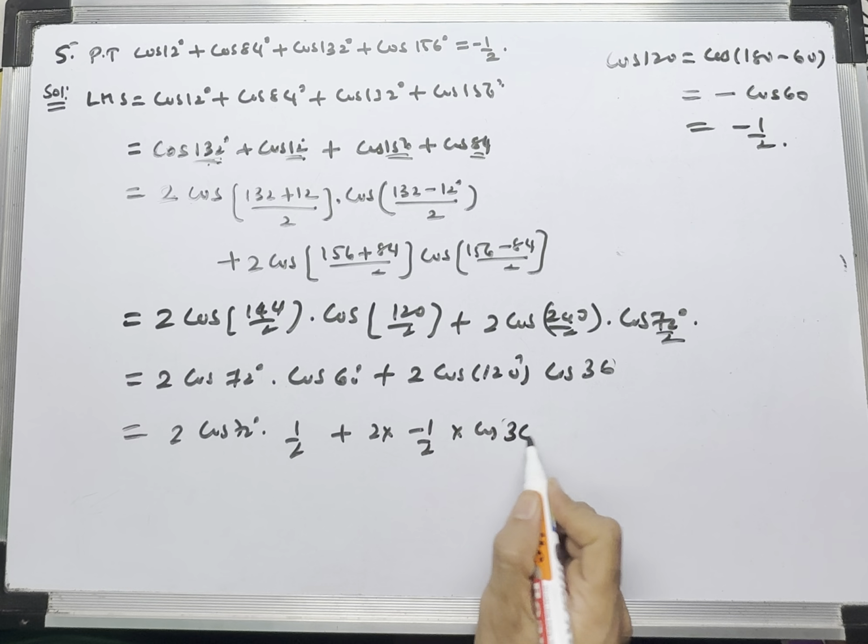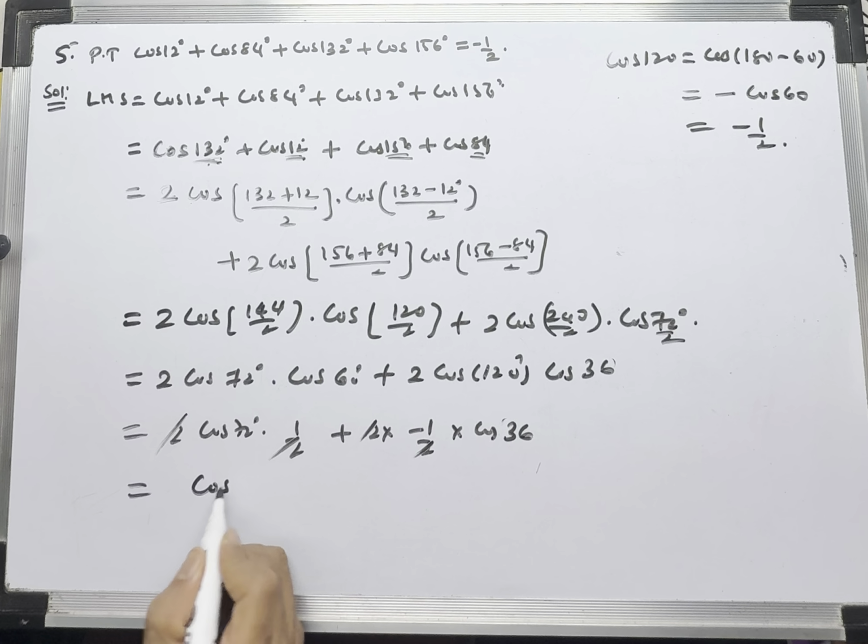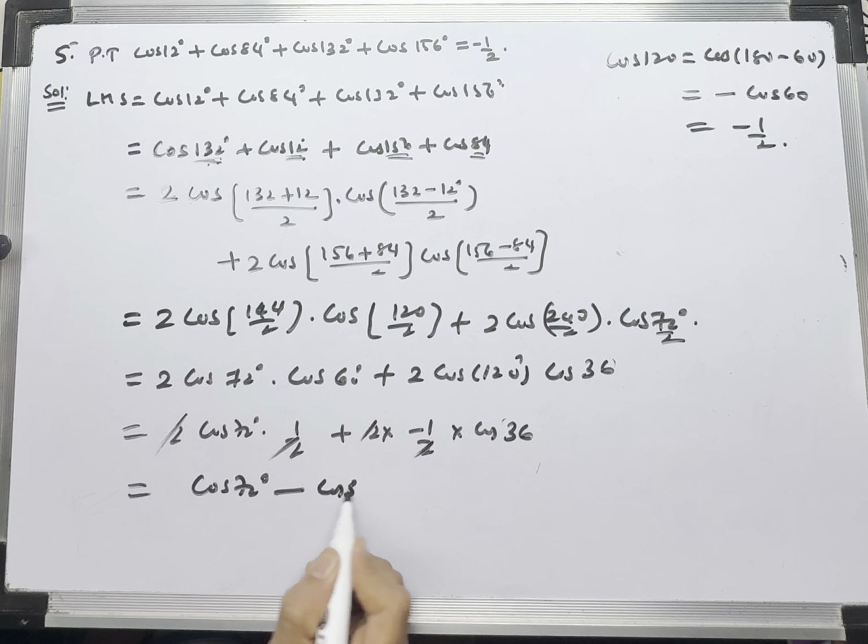So this 2 is cancelled, here also 2 is cancelled. We get cos 72 degrees minus cos 36 degrees.